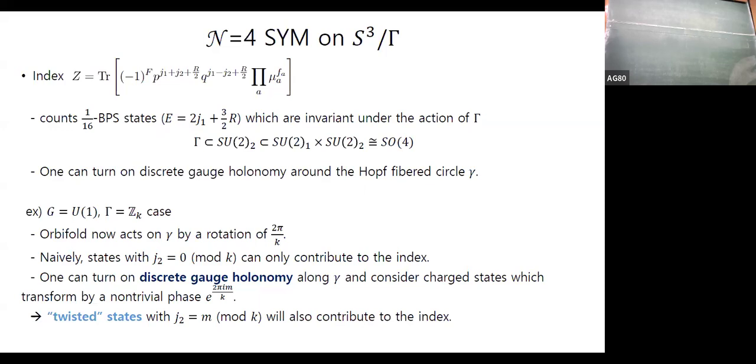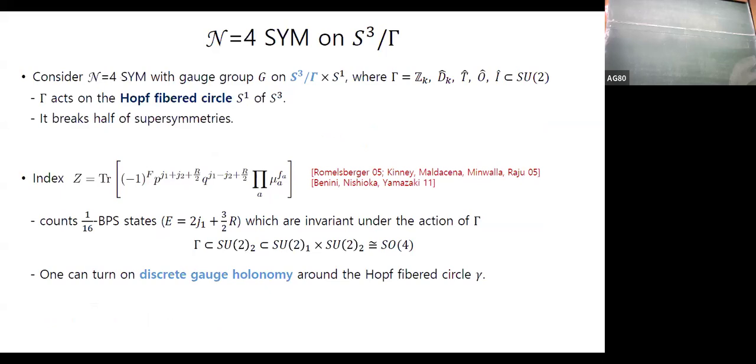It's a diagonal 2π. If you take the two SU(2)s, one is J1 plus J2. One will act on Z1, Z2, and the other will act on Z1, Z2 bar.